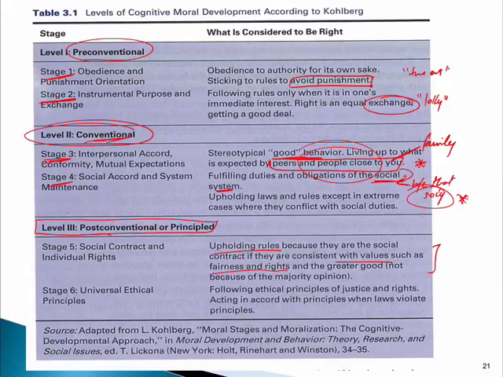It's consistent with your view of ethics. Similarly, at stage 6, you would actually act in accordance with your principles even if the law didn't allow it. So this is the idea of acting ethically even if it was illegal.